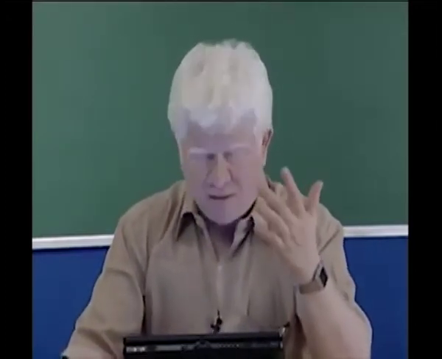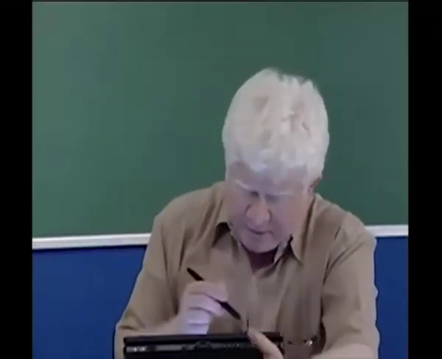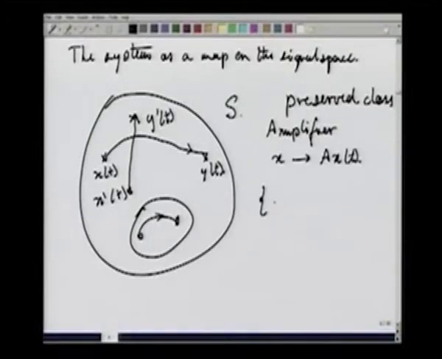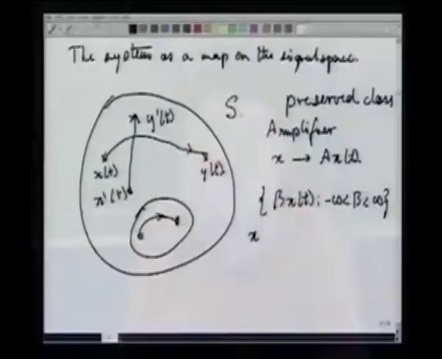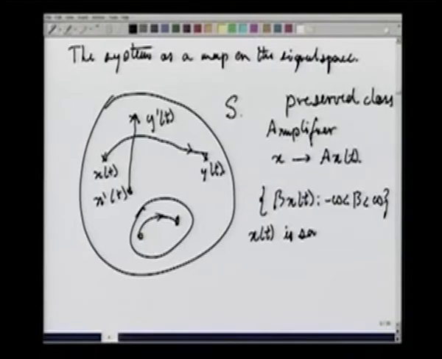So now I want to find a preserved class. What kind of a preserved class? Let me take this as a preserved class. Let us see if this is a preserved class. Let us take the set beta x(t) for minus infinity less than beta less than infinity, where x(t) is some specific signal.